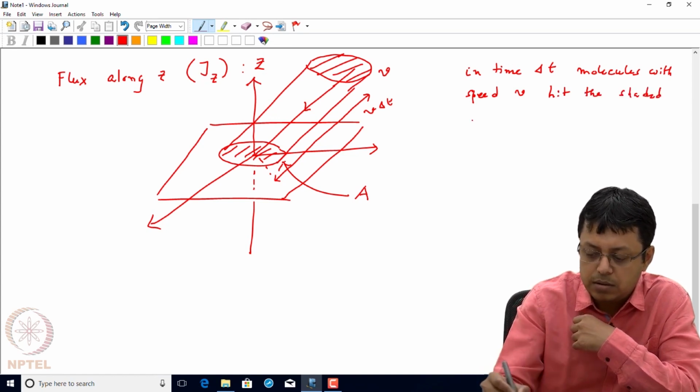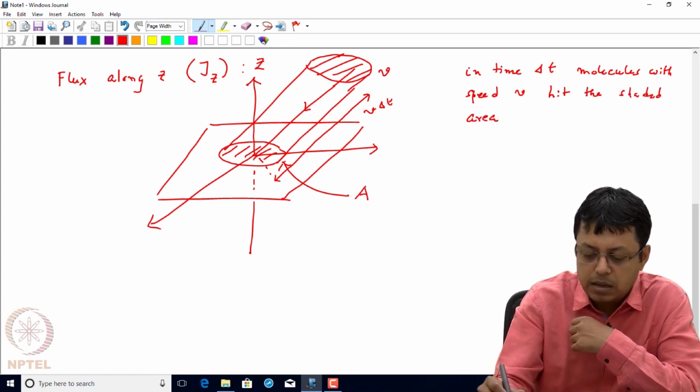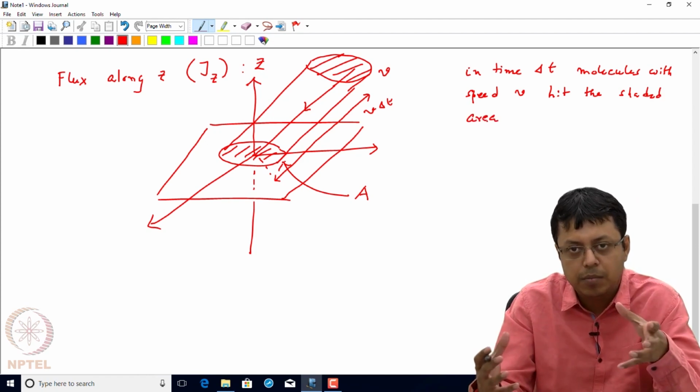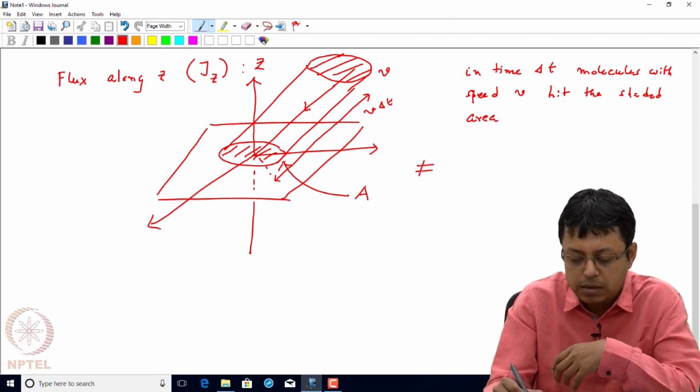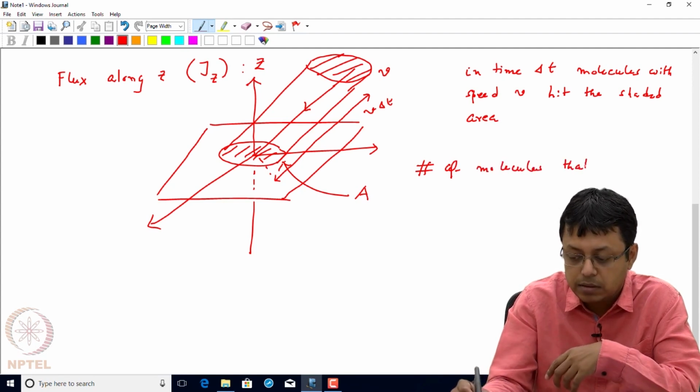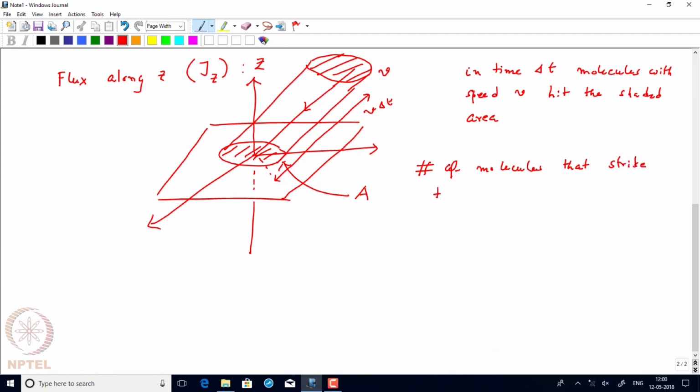That was our starting point. And then, we want to calculate the number of molecules that strike this shaded area.